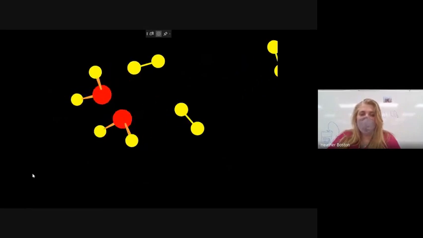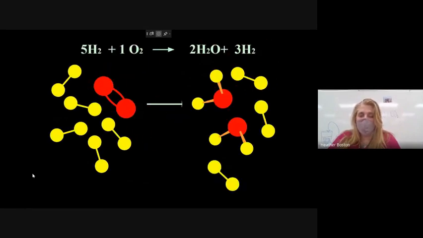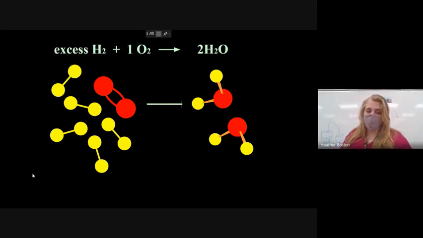So we're going to produce our water molecules, and then the reaction's going to stop. Only 2 of the molecules can react, and the other molecules will remain unreacted. So the reaction stops once you run out of the limiting reactant, and the excess will be left over unreacted afterwards.